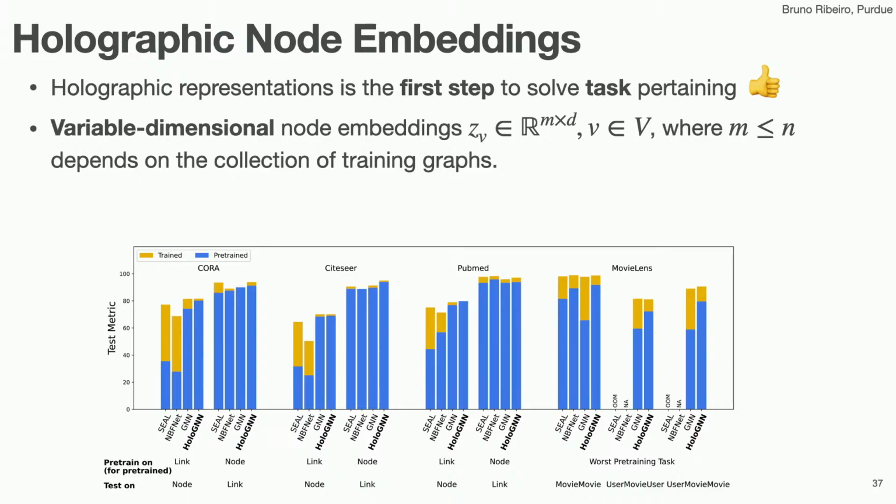I want to predict these 2 links together. And here we want to predict whether the 2 movies will be watched by the same user together. This is the worst pre-training that we can do in the data. Then we freeze the embeddings, and we do this task by just training the MLP over the concatenation of these embeddings.